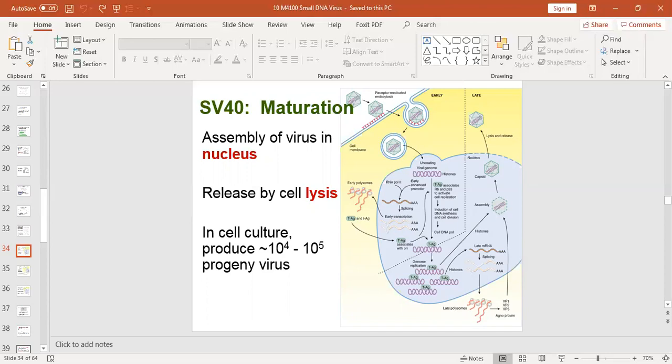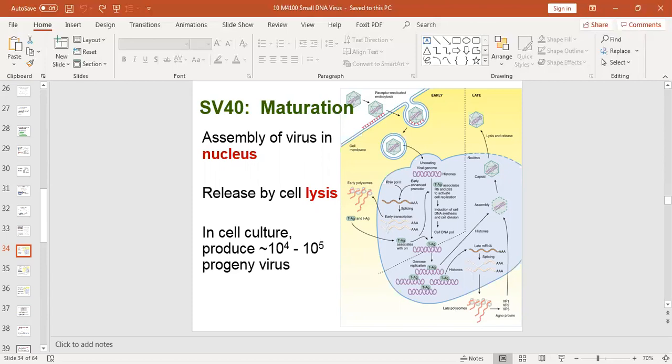Genome is being replicated at this time by T antigen binding to the origin of replication, TATA-box, promoters, and enhancer that we discussed in previous slides. Then late messenger RNA will be produced and go through alternative splicing to make agnoprotein, VP1, VP2, VP3 proteins.